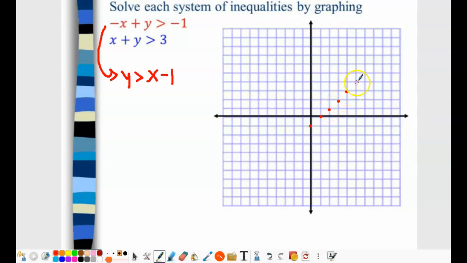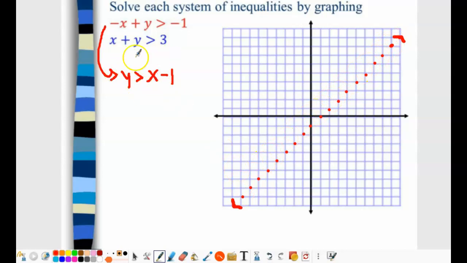Now in the past, I only had us really focus on getting like 3 points. This time, with graphing systems, we really need to make sure we shade and graph one of our lines completely. So for y greater than x minus 1, I want to make sure that I can fully see that dotted line in its entirety.